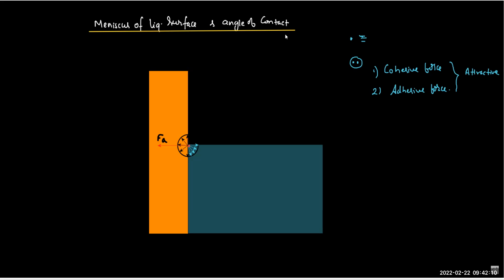So what will be the direction of the resultant of all these forces? In between, exactly at 45 degrees. So having this information, this force we are going to call the cohesive force, and we write it as FC.